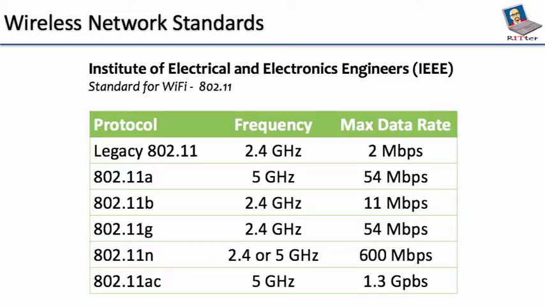We've gone from 802.11a to 802.11b to G to N, and now the current standard is 802.11ac. And you can see the frequency has changed a little bit as we've gotten faster. Now the AC standard uses a 5 gigahertz band, and as those speeds have increased, the maximum data throughput of those standards has gone up.